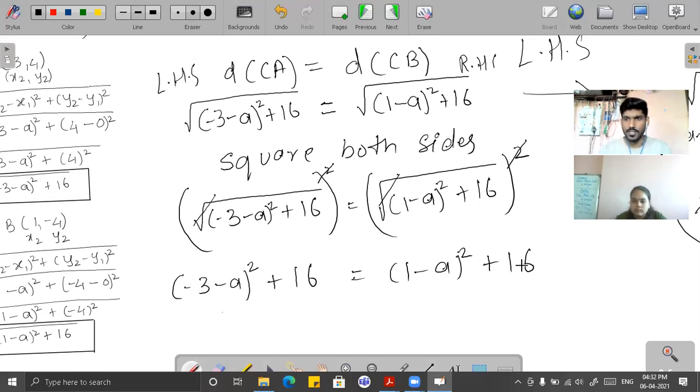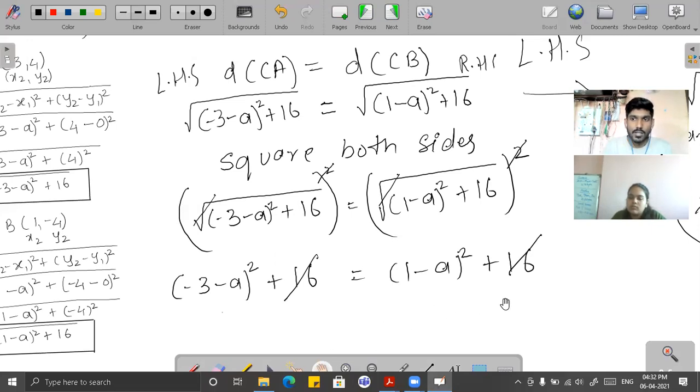Can any term be cancelled? a cannot be cancelled because it is inside the square, it is whole bracket square. Look at some other term that can be cancelled. 16. Since it is plus 16 on both the sides, you can cancel it off.